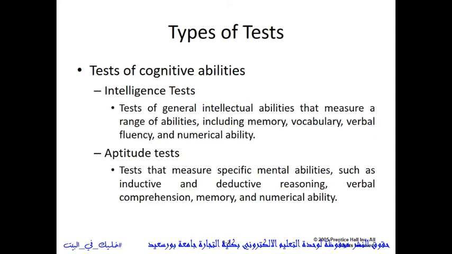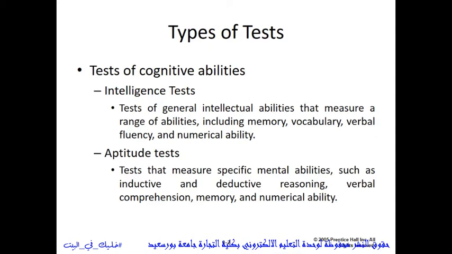Nearly all of us know about the IQ tests, and so on. These tests measure the intellectual abilities of applicants. These intellectual abilities mean their memory and the richness of their vocabulary.